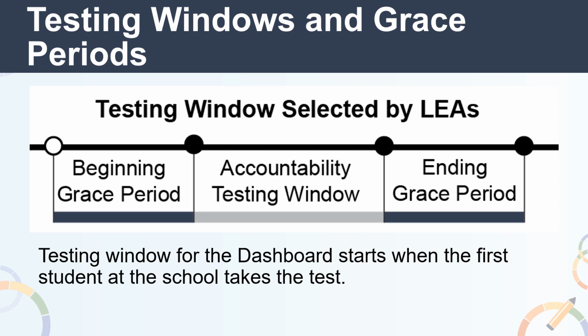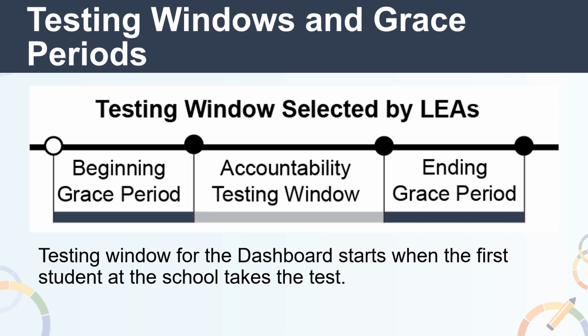Students enrolling in the school during the grace period at the end of the testing window are not expected to test. If the LEA selected testing window is 31 days or more, 2 grace periods are applied. One grace period is applied at the beginning of the window for students exiting the school at the beginning of the window, and one grace period is applied at the end of the window for students enrolling in the school at the end of the testing window.